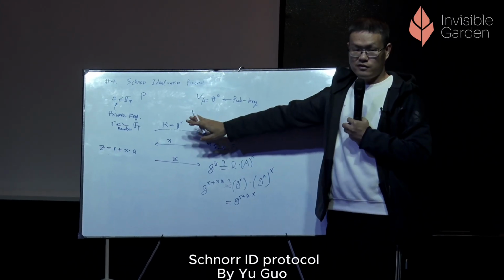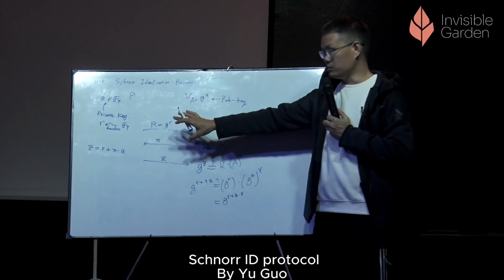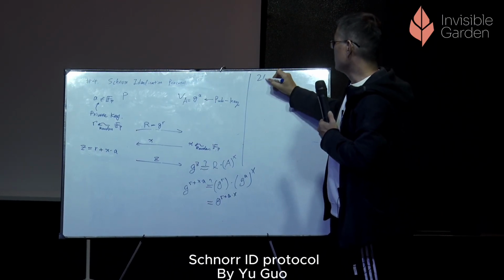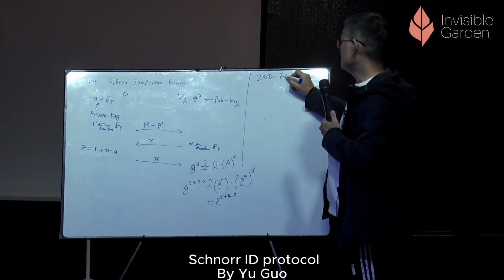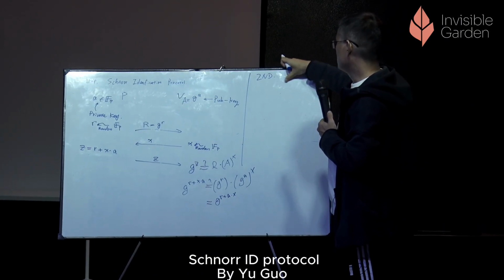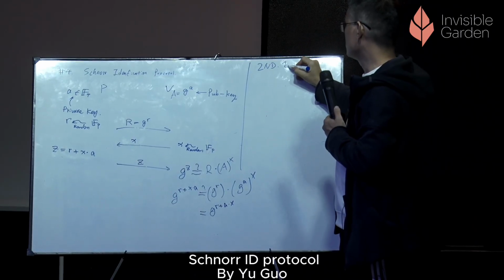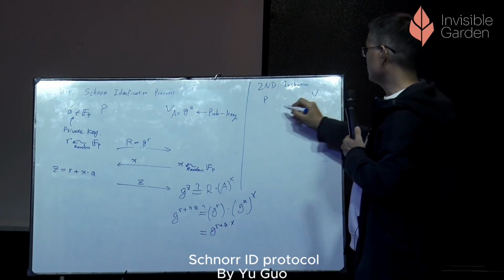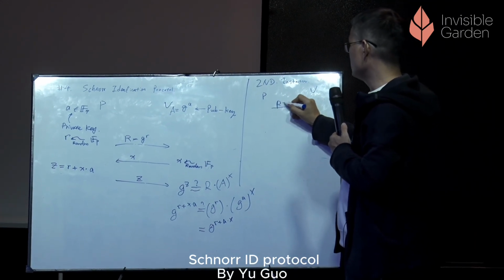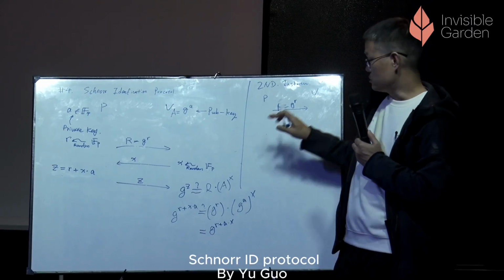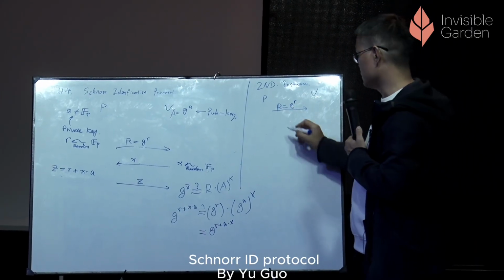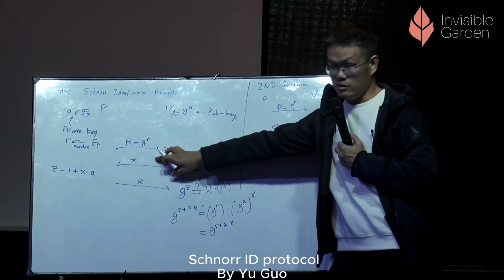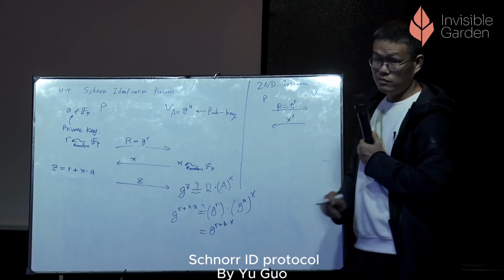So if there's another interaction between the prover and verifier, a second instance, the prover in the first step still sends the same commitment R, so the little r is reused. The verifier will challenge with a different random challenge number, let's say x prime.